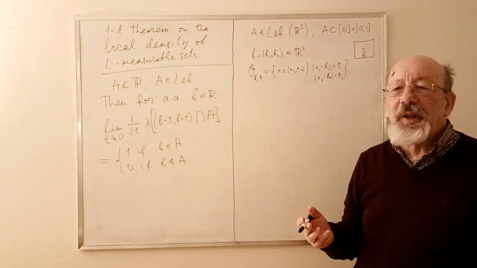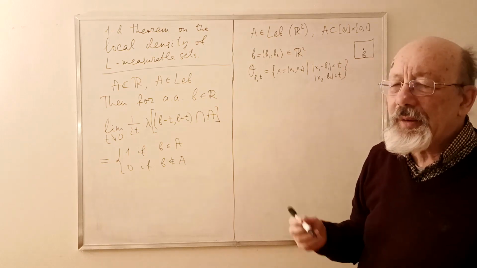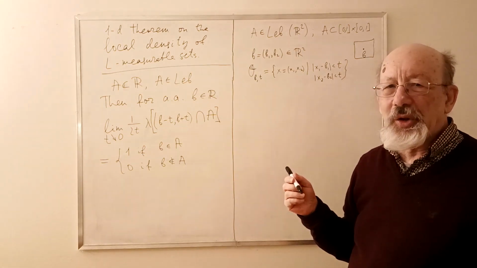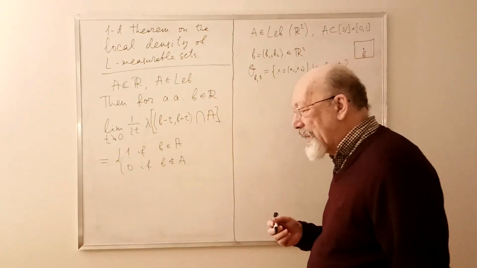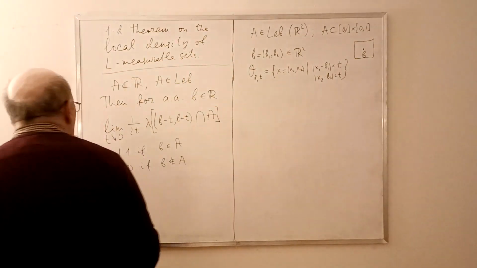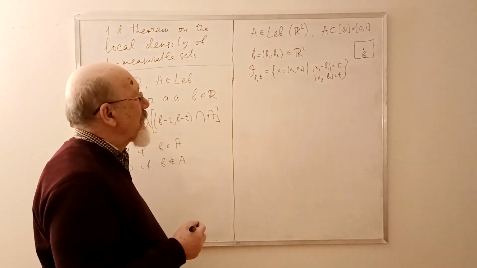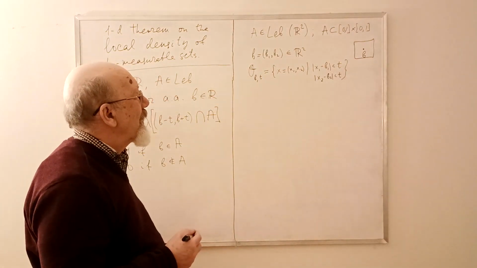Instead of this we can take this square. Nothing changes, all the theory remains the same, but the square is more convenient.